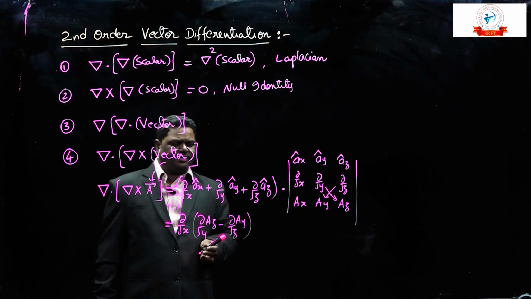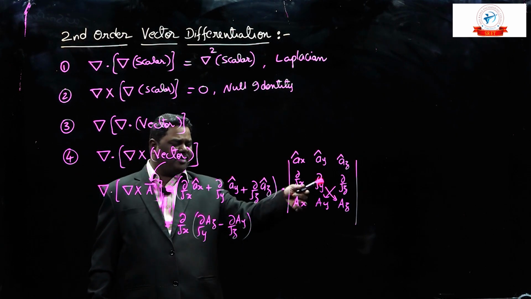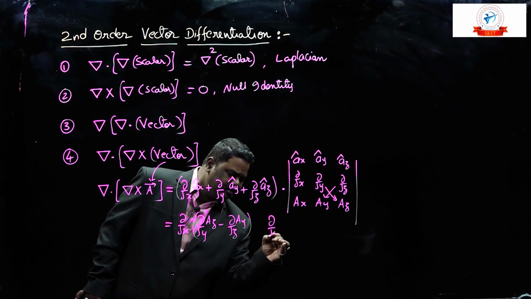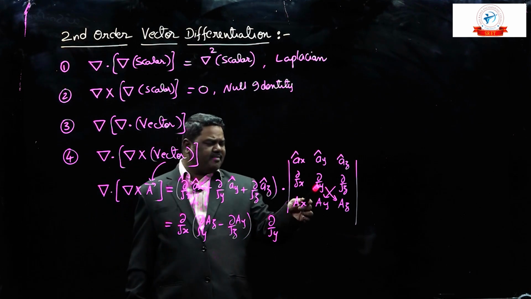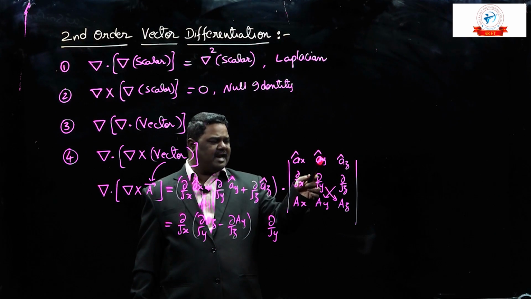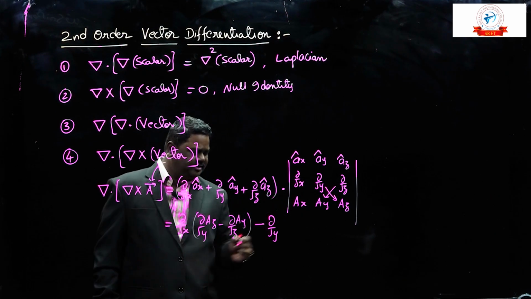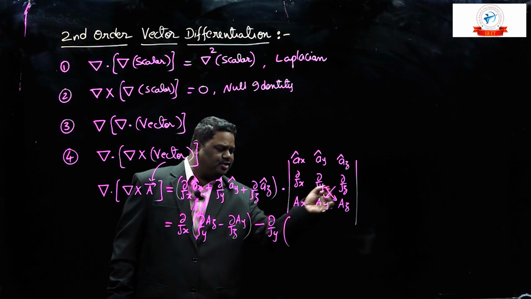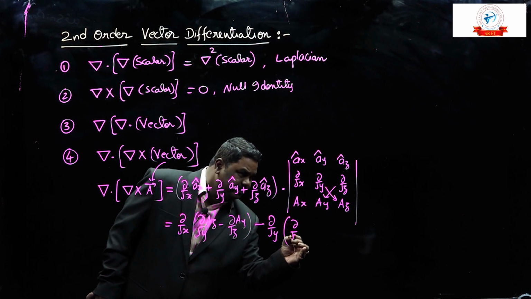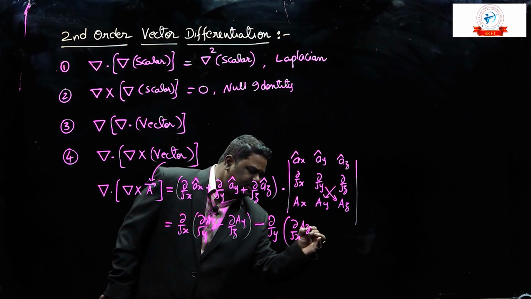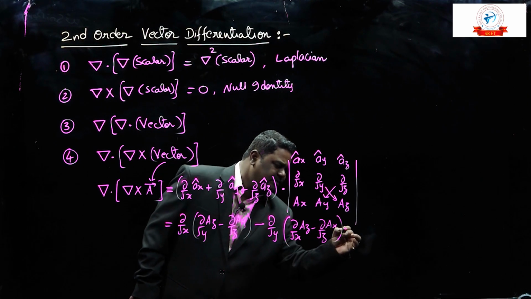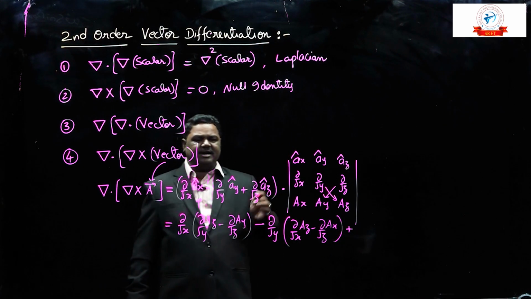Next, the y components in both vectors. For the first one, the y component is dou by dou y. In the determinant, the y component will always have a negative sign, so write minus of dou by dou x of az minus dou by dou z of ax. Plus, multiply z components.